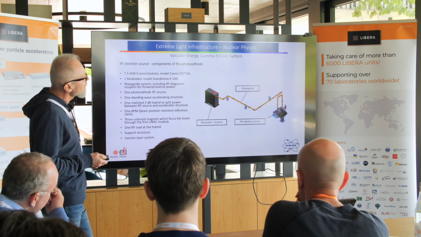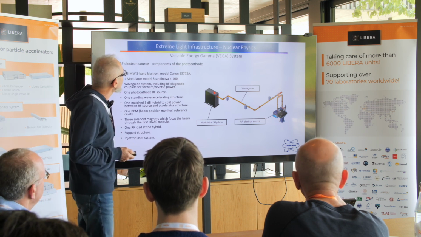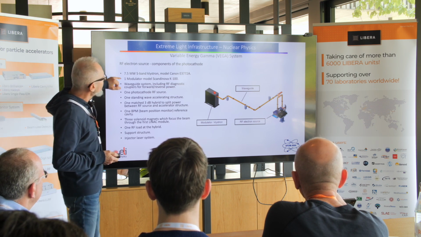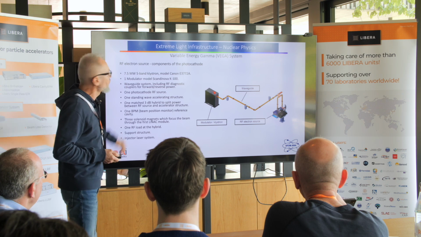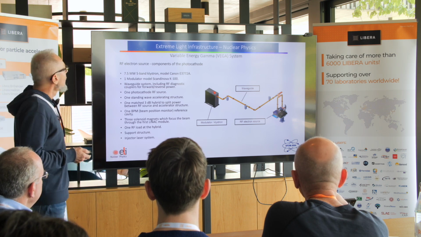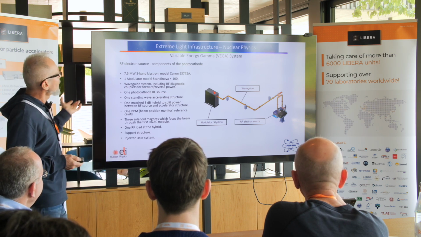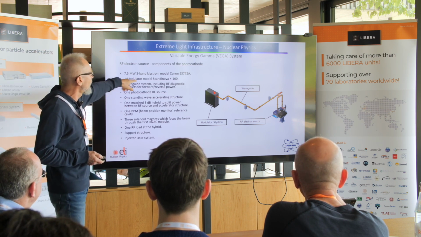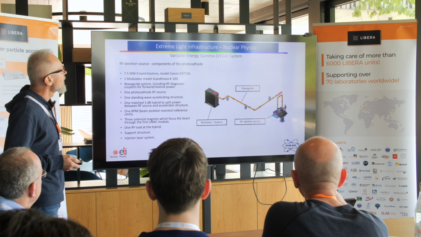After the electron beam is generated, it is amplified by an RF high power signal, which is generated by one klystron of 7.5 megawatt, Canon made, and this klystron is powered by a Scandinova modulator K100.